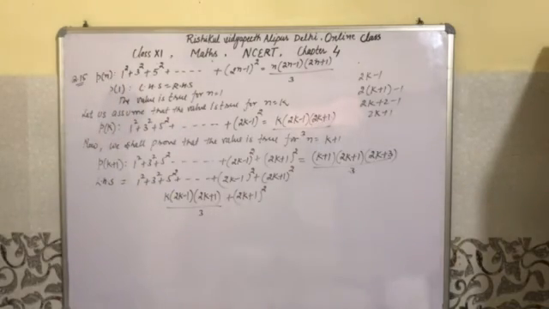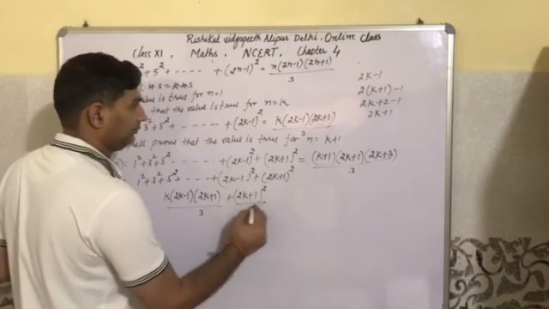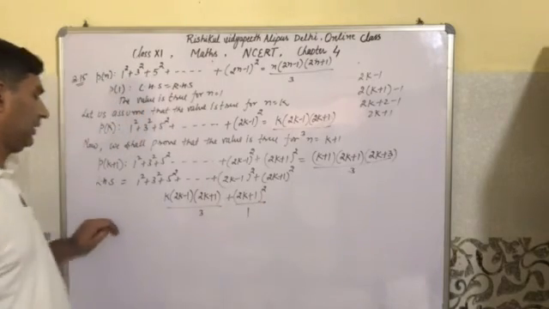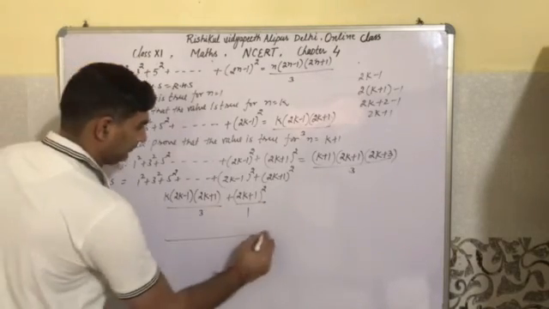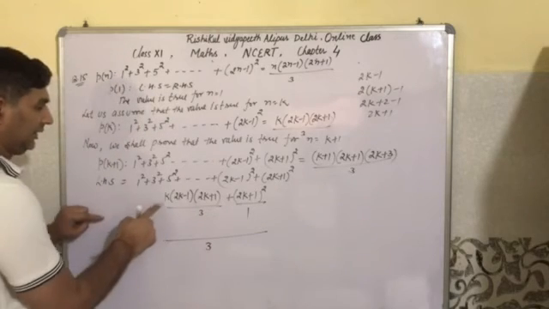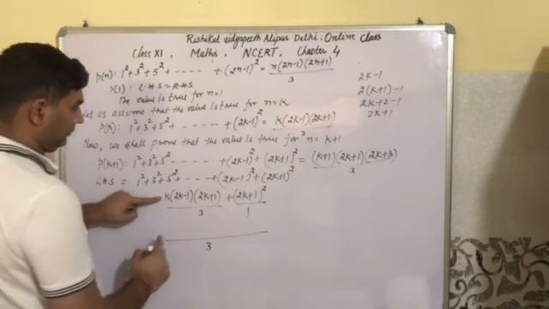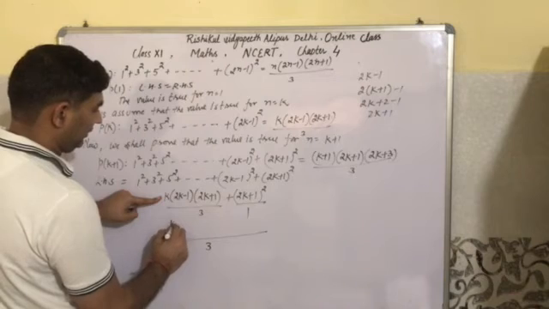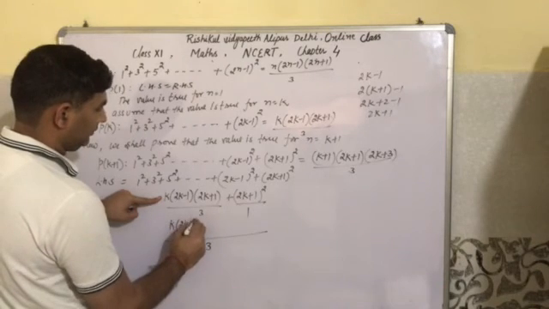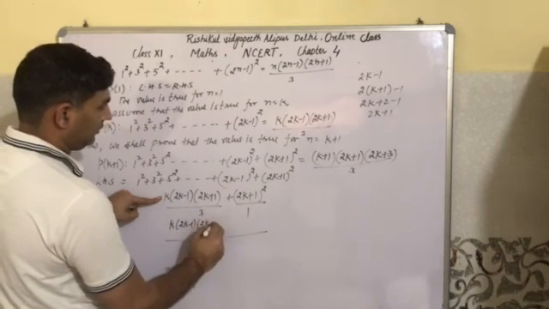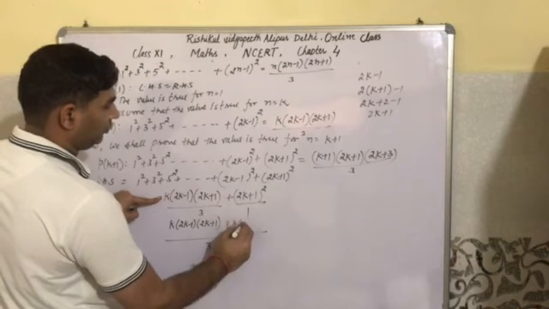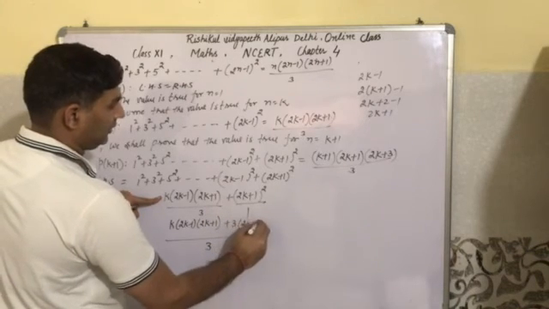And then taking LCM, it is 3. This value 2k minus 1, 2k plus 1 and plus 3 into 2k plus 1 whole square.